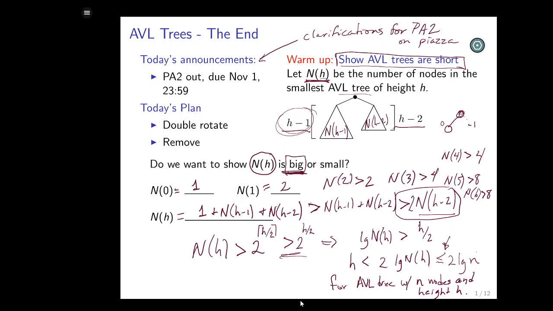We want to show that the number of nodes in the smallest AVL tree is big, because no matter what happens, you need to cram a lot of nodes into an AVL tree to get it to height h. And if you do that, then I get a relationship between height h and the number of nodes in the tree. It's got to be that h is less than some function. In this case, it's 2 times log n.